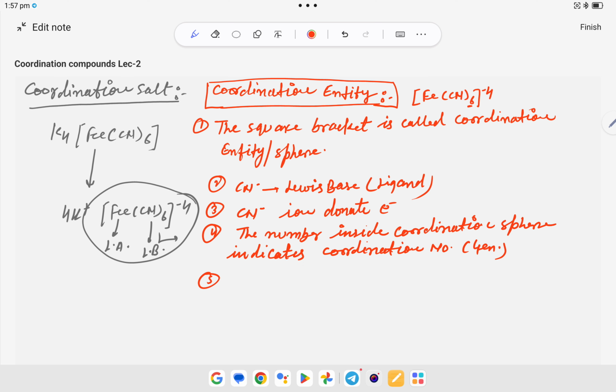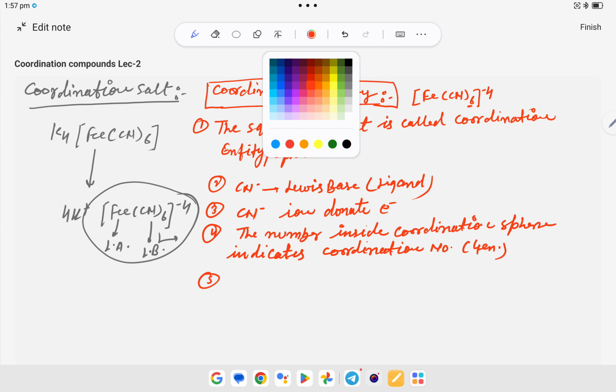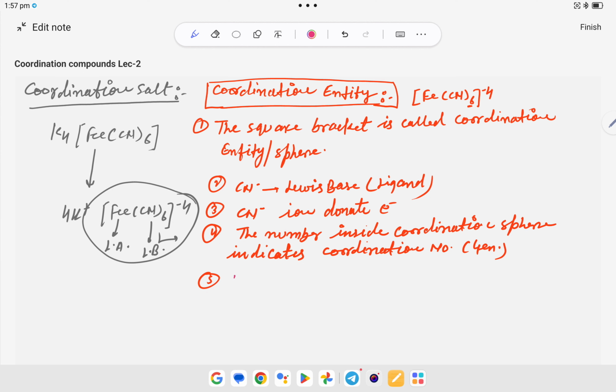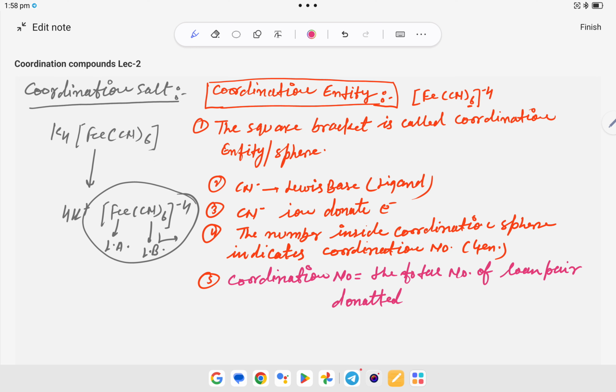This 6, so 6 is your coordination number. But the actual formula is: coordination number is equal to the total number of lone pairs donated.